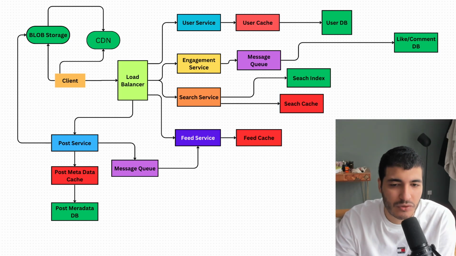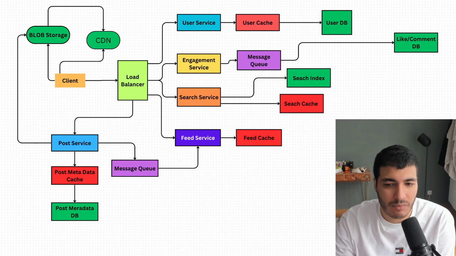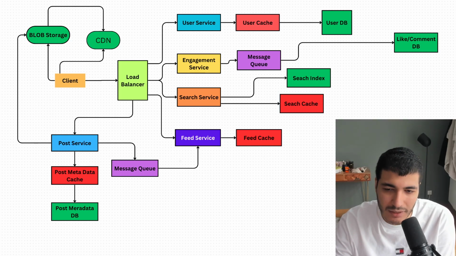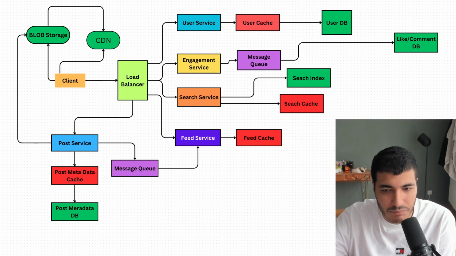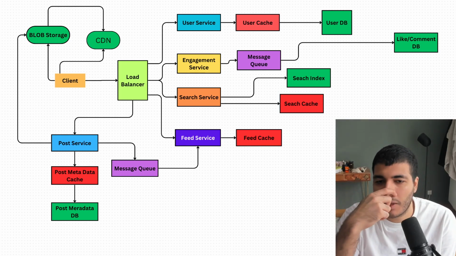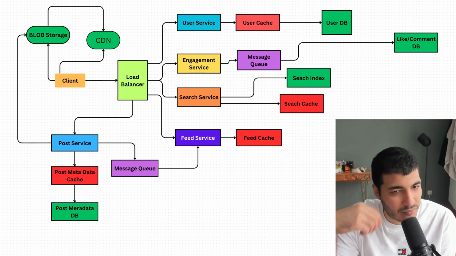Fan-out works great for normal users, but what about celebrities? If someone with 50 million followers posts, do we really want to write that post 50 million times? That's called write amplification, and it's super expensive.